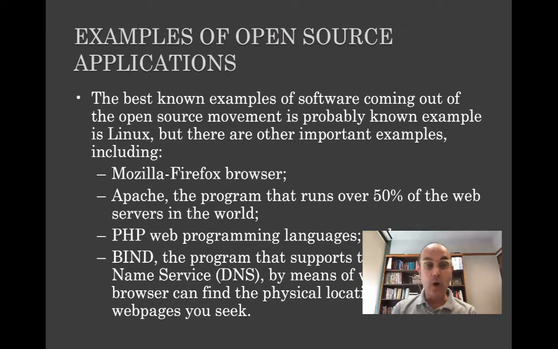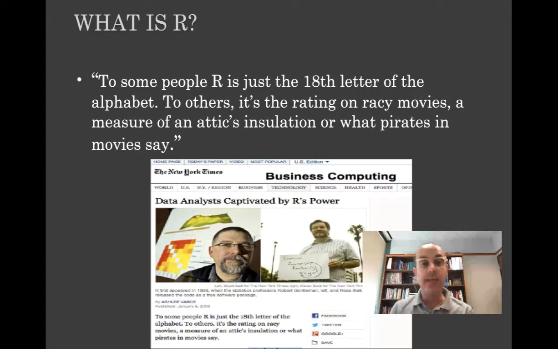Examples of open source are the Mozilla browser and PHP web programming. Those are part of the open source platform that everyone can contribute to, and every contribution is accepted and tested before it is adopted into the application, and that's part of the openness. We open the application for everyone to see.